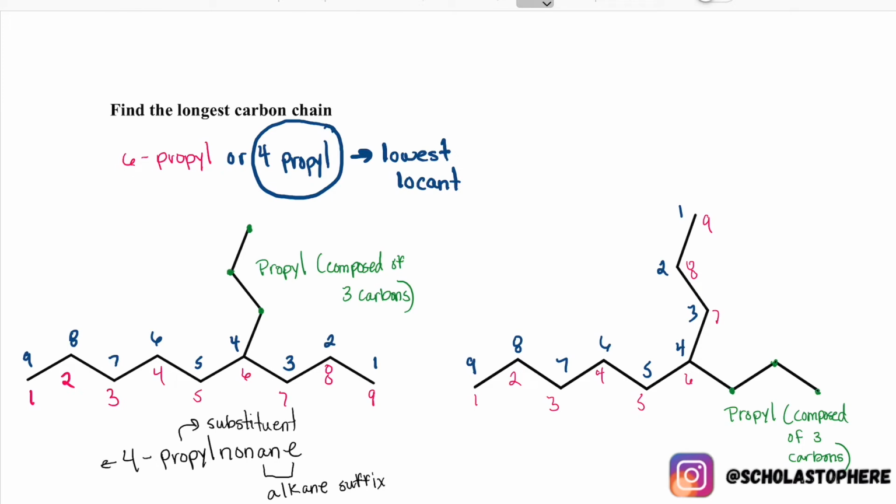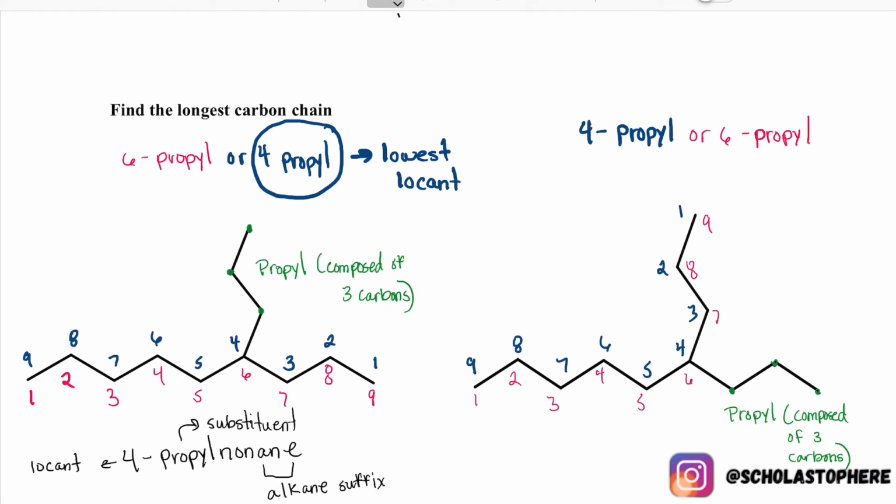So now let's look at the image on the right hand side. So again, we've figured out the parent chain, we figured out the substituent group, which is propyl again in this case. So we numbered in red from left to right, and the substituent group falls on the number 6.